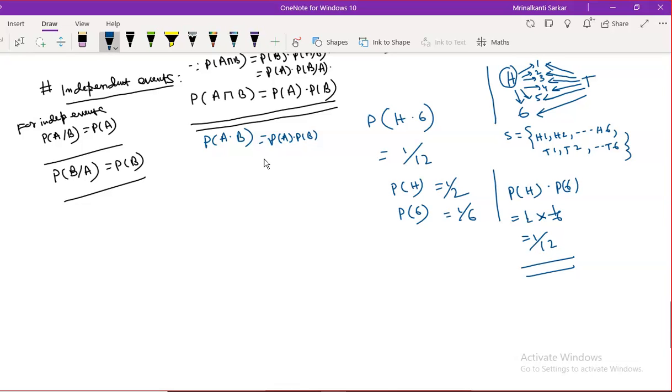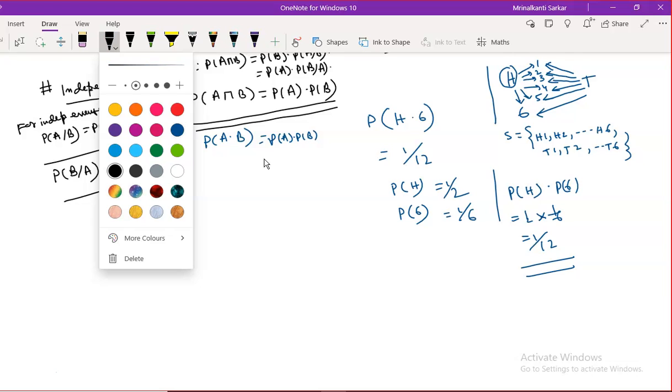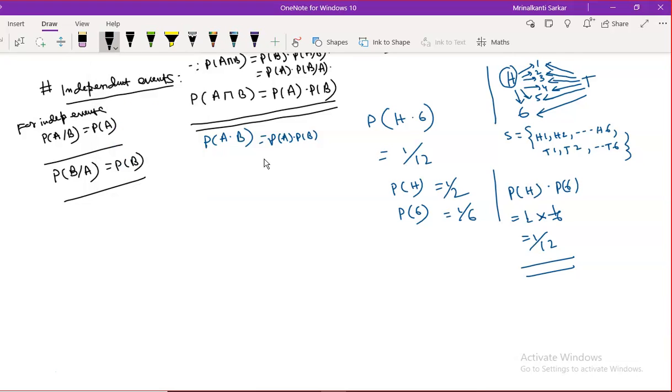Now, for two events A and B, if they are independent, I am going to discuss one very important theorem which you can expect in a board exam.